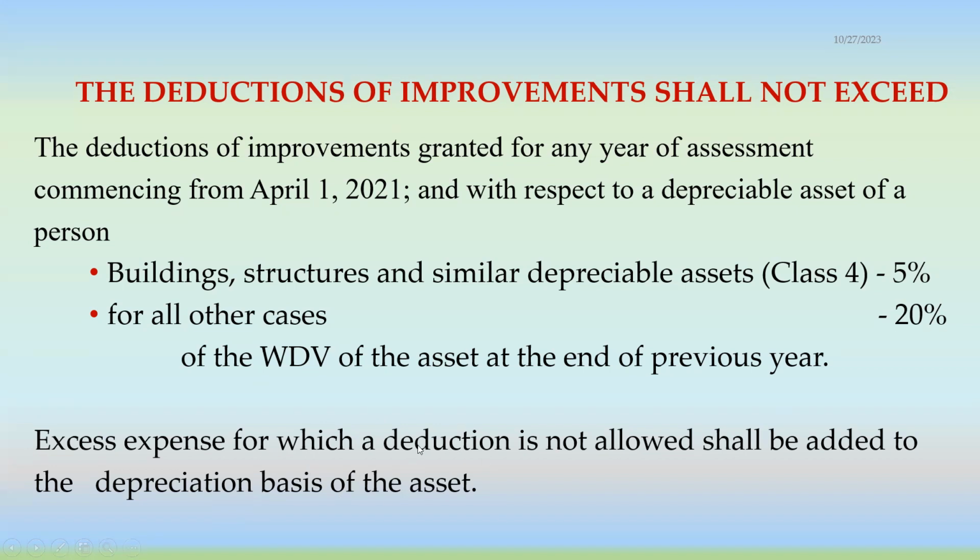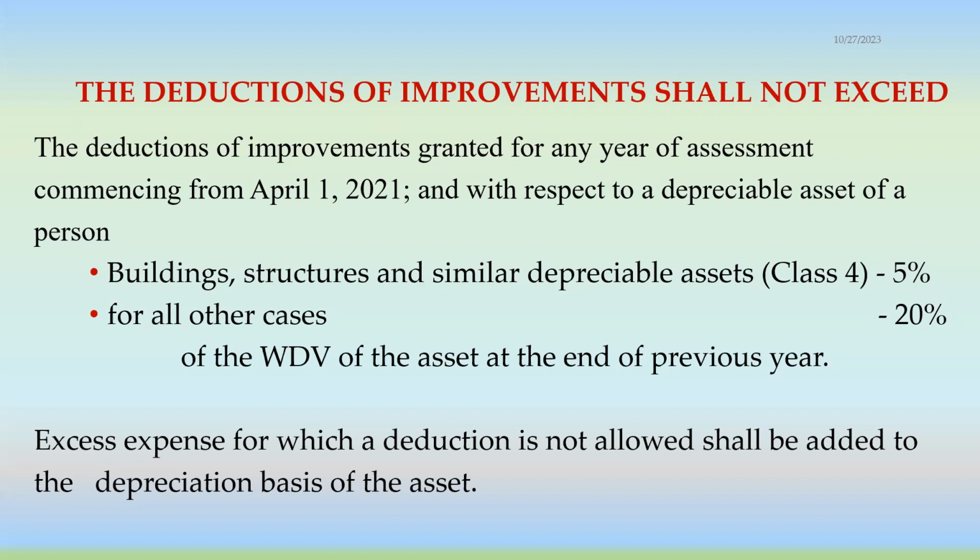In the sense, madam, say we have bought some asset for 10,000, and say 20% of that, 2,000, is okay. We can claim that as improvement. The balance 8,000, we can add and claim as capital allowance. Is it, madam?